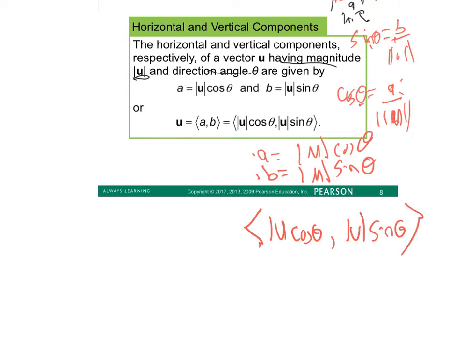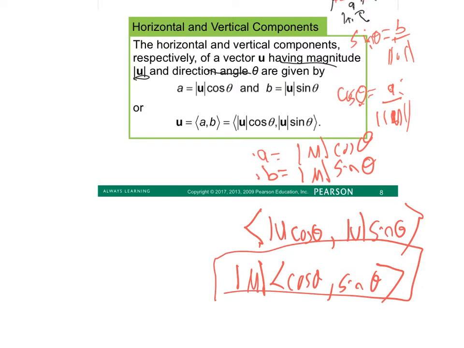And if you wanted to go further, you could factor out the magnitude of U times cosine theta, comma, sine of theta, which could be very, very useful. That's just a scalar. You can always multiply a vector by a number. This is a scalar, this is the vector. Okay?